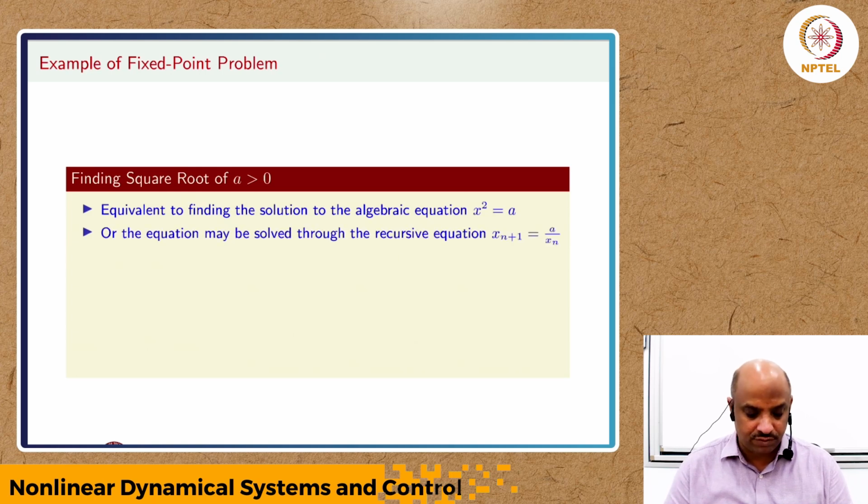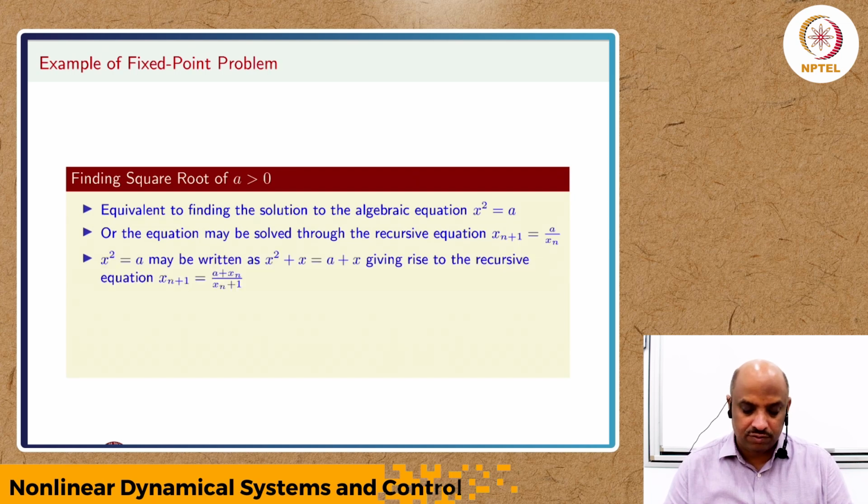Hopefully a is positive in this particular case. Of course, we can write x squared equals a as x equals a by x, right? And that's like writing the ODE as y equals p of y, the same thing in that same sense, x equals a by x. So then put n and n plus 1 and make it recursive. x_{n+1} therefore becomes a by x_n, right? And hope that for a certain initial condition it can be solved, right?